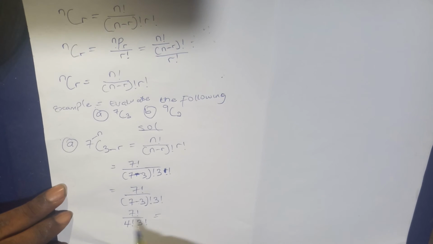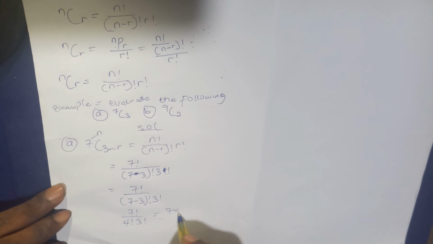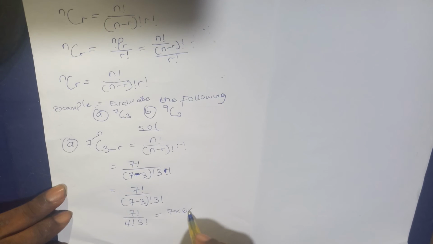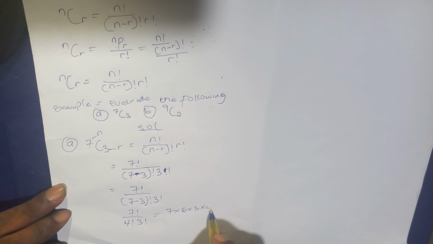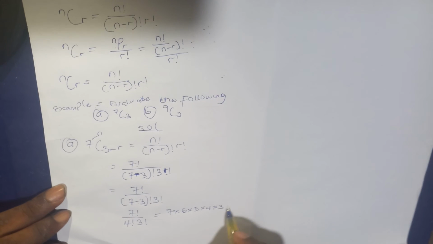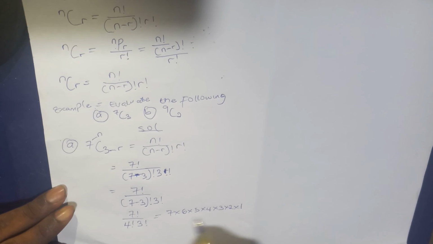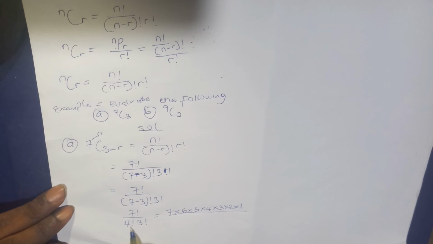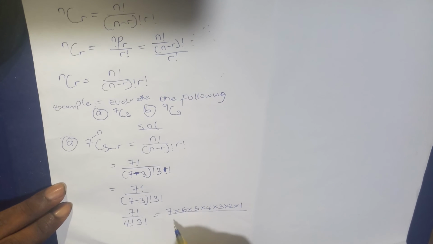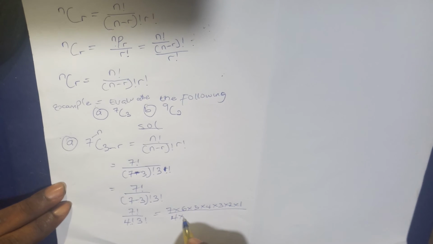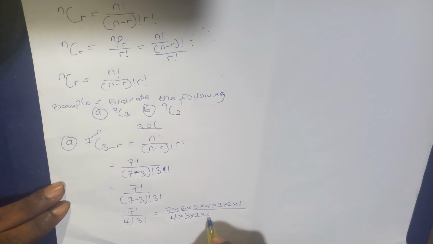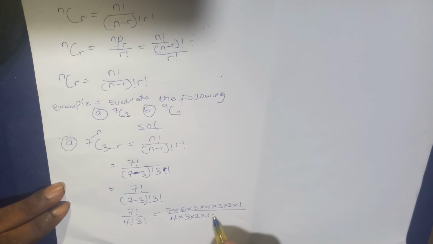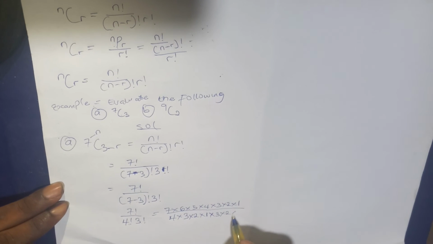Now we solve this. 7 times 6 times 5 times 4 times 3 times 2 times 1, then divided by 4 factorial, which will give us 4 times 3 times 2 times 1, times 3 factorial, which was 3 times 2 times 1.